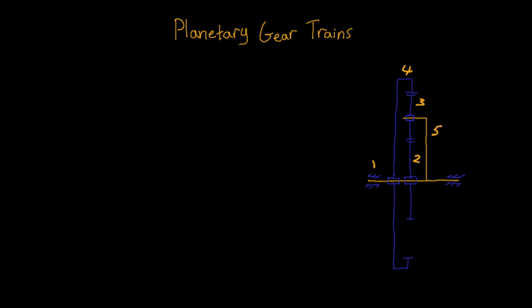The first rolling contact we have is between gear 2 and 3, and it's an external rolling contact. And the other is between 3 and 4, and that is an internal rolling contact.